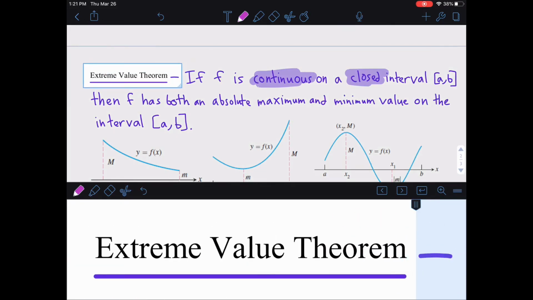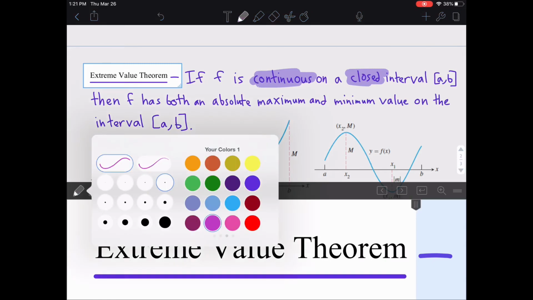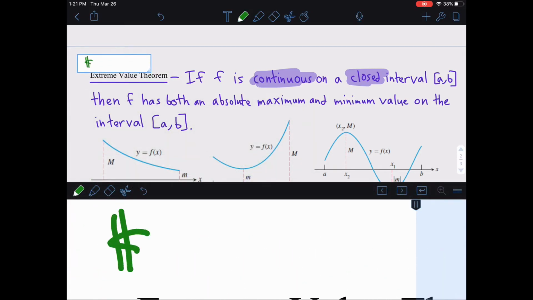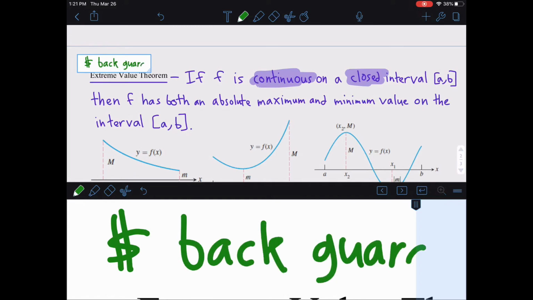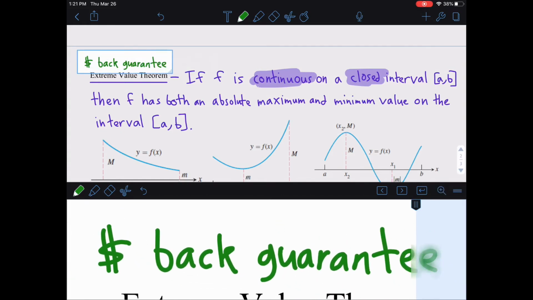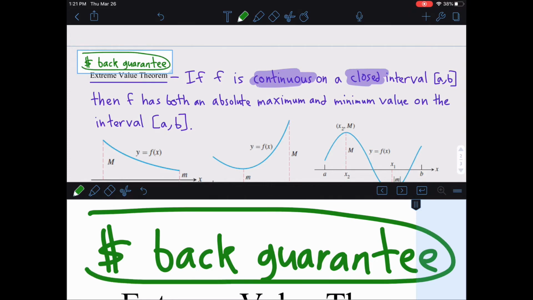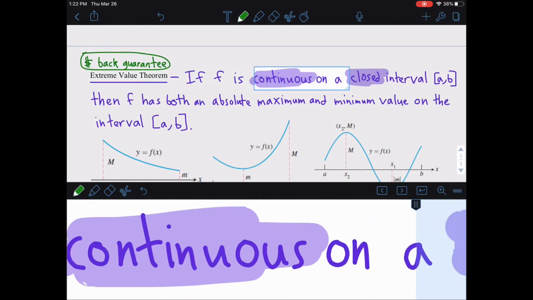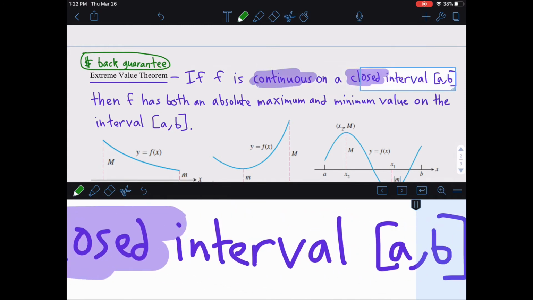This is a theorem that I like to think of as the money back guarantee theorem. So I'll put a little $ here, money back guarantee. Okay, so here's what it says. If f is continuous on a closed interval, which we'll call a to b, so that'll be our domain, bracket a to b, starting and ending at an endpoint.